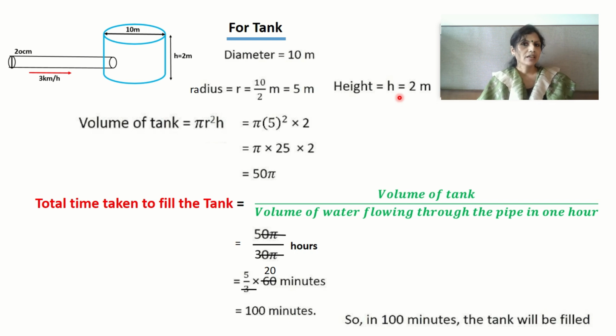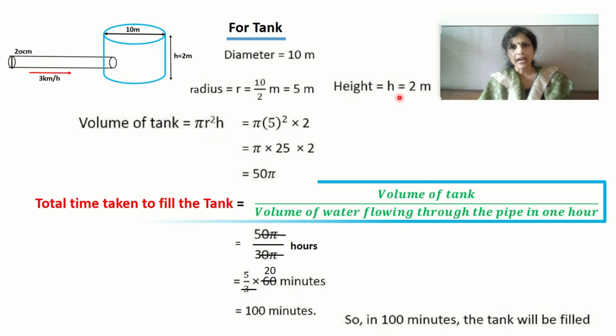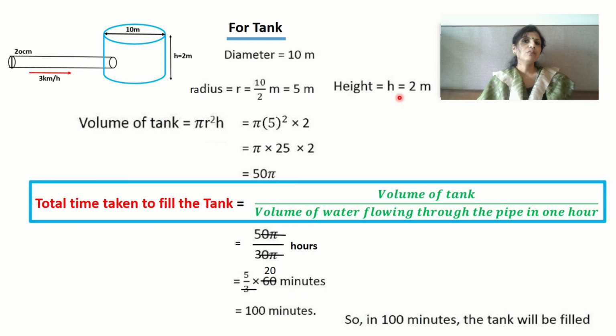So time taken to fill this tank is equal to volume of tank upon volume of water flowing through the pipe in 1 hour time. So we have calculated the values. Let's substitute that. 50 pi upon 30 pi. You can cancel this pi. You can cancel 1 zero. And this many hours.